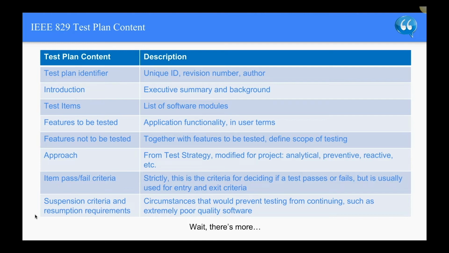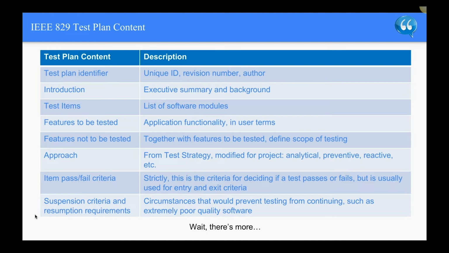Then the introduction, executive summary and background. Test items is a list of software modules that you're going to be testing. The features to be tested are the application functionalities and all the functions of the software. The features not to be tested are out of scope; together with the features to be tested, they define the scope of testing.